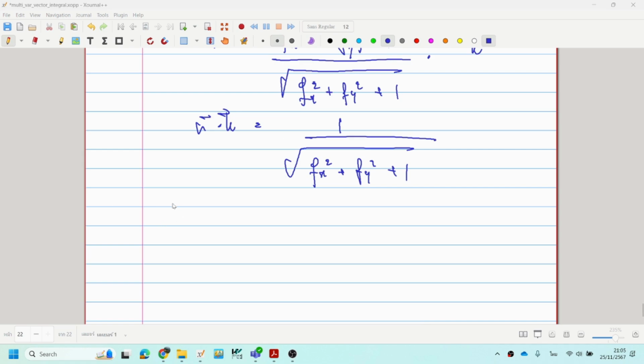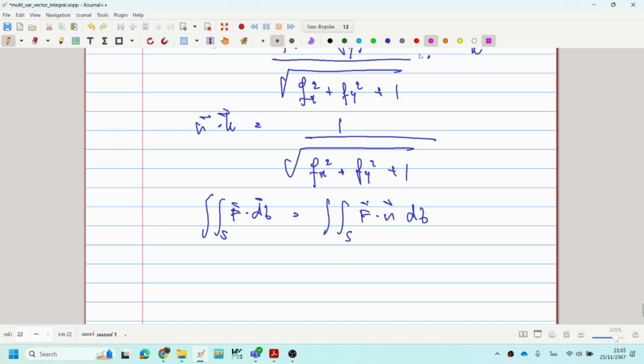And then if you need to figure out the integral of vector F dot d sigma, the principle is that d sigma is a vector, so the surface integral of F dot d sigma equals the integral of F dot n d sigma.